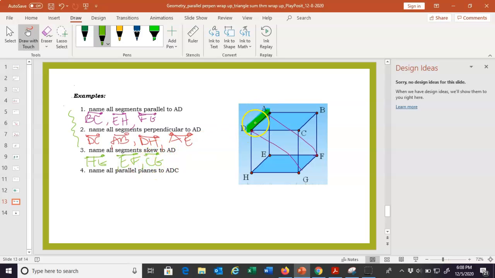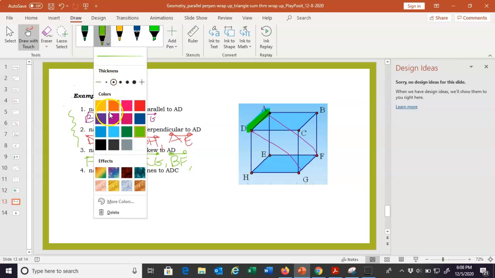Anything that touches AD is perpendicular besides this diagonal thing, but I drew that in. What else? How about BF? And is that it? EH is parallel. Could just go through each one, right? FG is parallel. All right, cool. I think we're done.